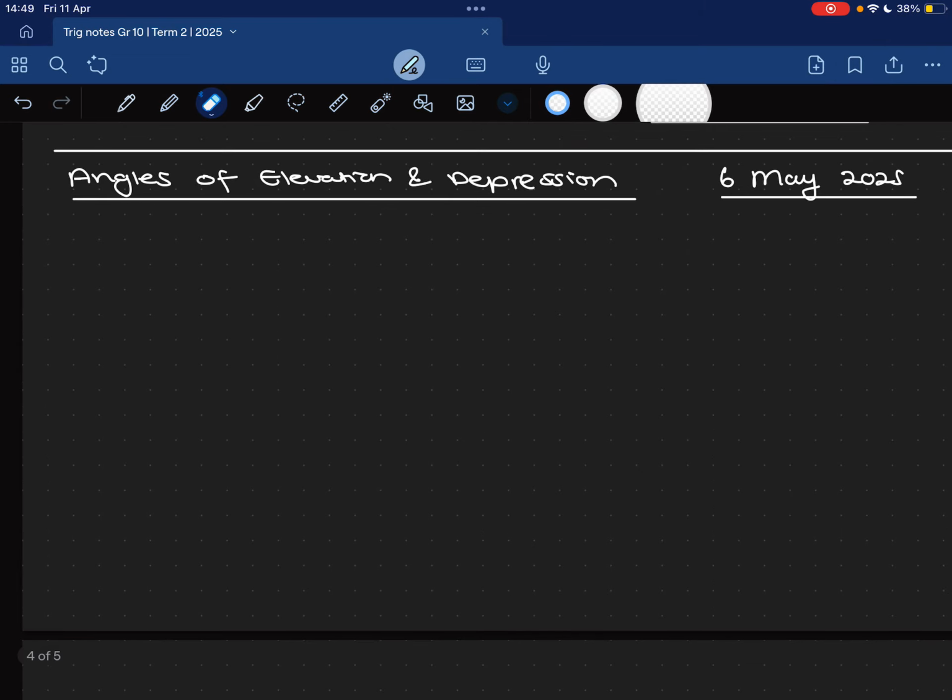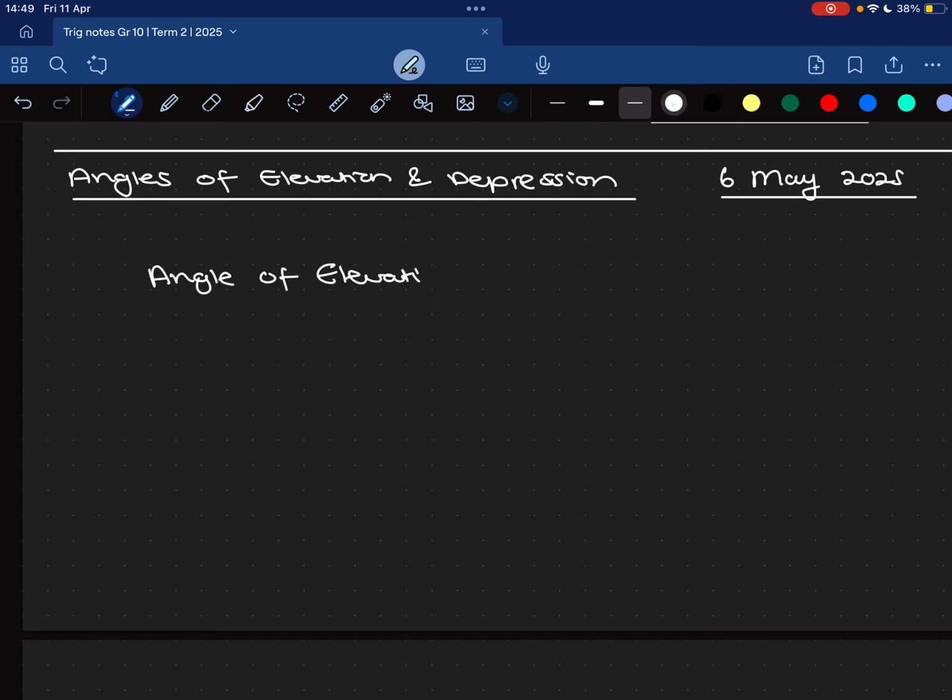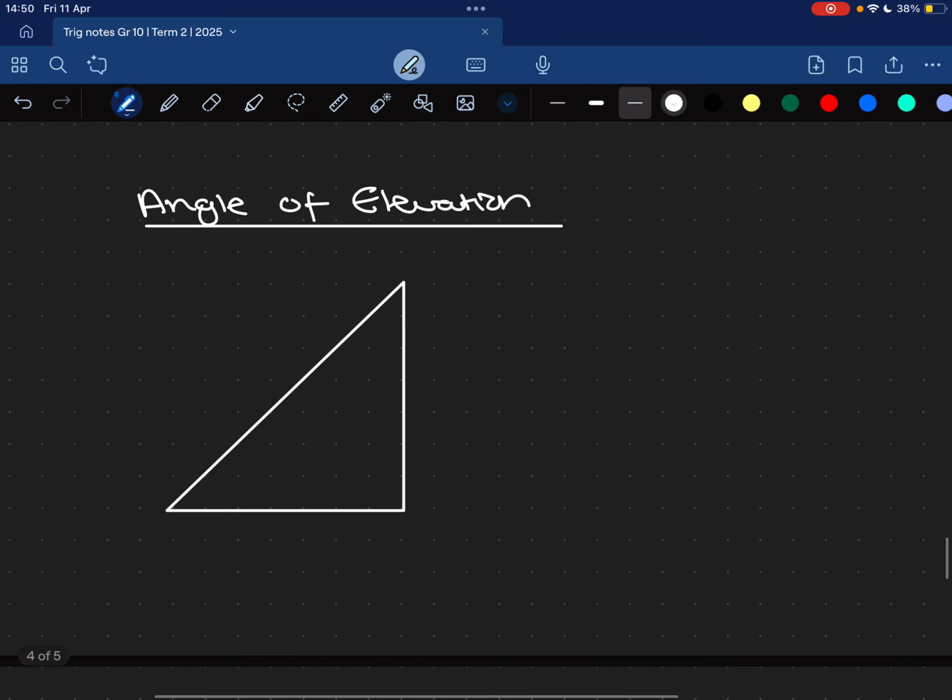Okay, so when we talk about an angle of elevation, we are specifically referring to an angle that is measured going from the base of the shape, the triangle here, going upwards in an anti-clockwise direction.